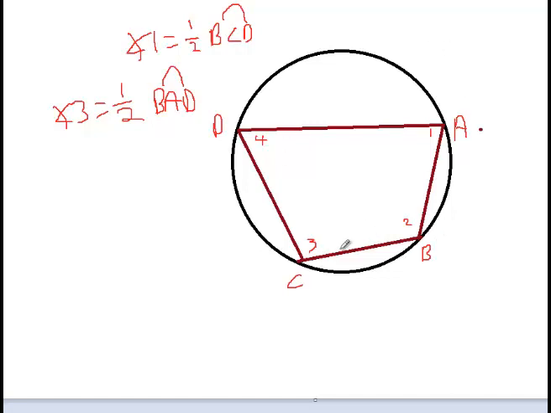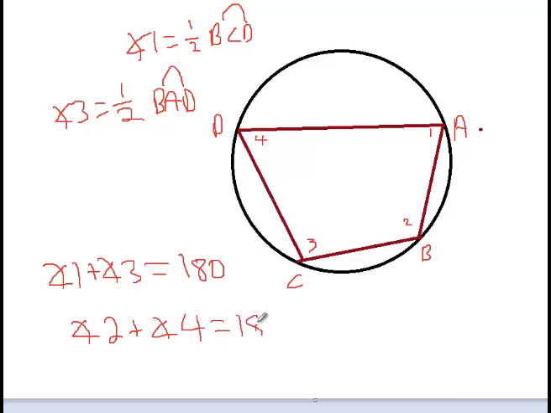Now, if it sweeps out 360 degrees, half of 360 is going to have to be 180. So angle 1 plus angle 3 has to equal 180, and by the same token, angle 2 plus angle 4 has to equal 180. And, of course, that also makes sense because all 4 angles in a quadrilateral have to add up to 360 altogether.